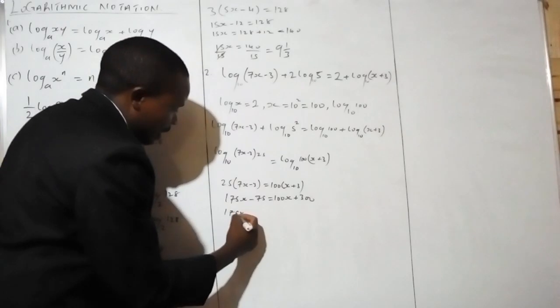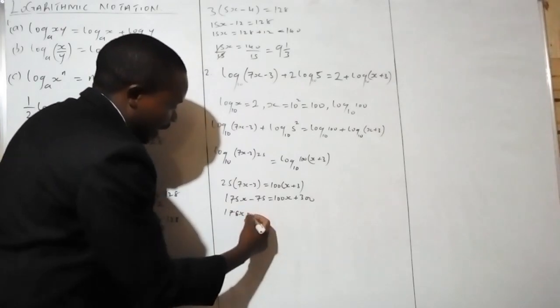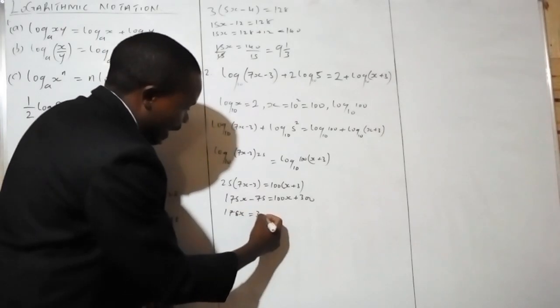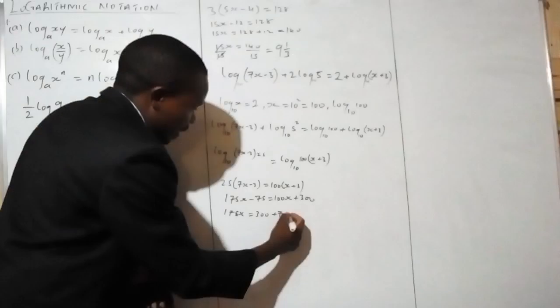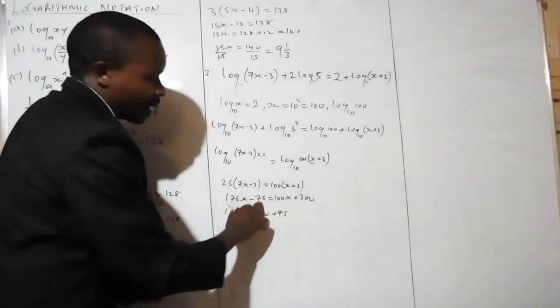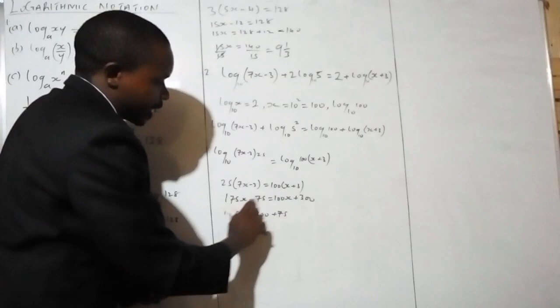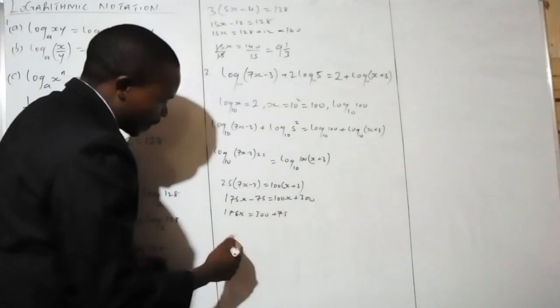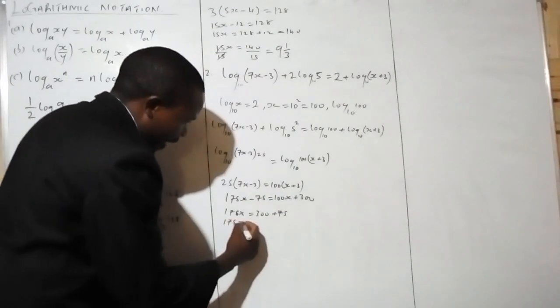Collecting like terms: 175x minus 100x is equal to 300 plus 75. Move negative 75 to the other side, changing sign from negative to positive. So 75x is equal to 375.